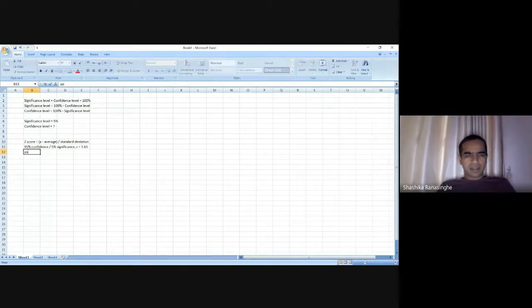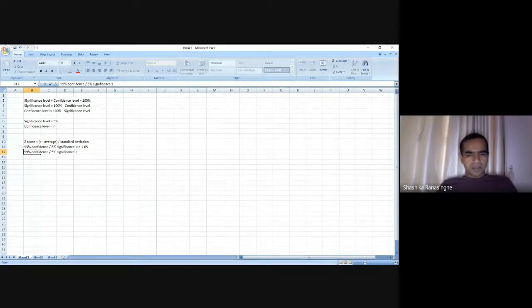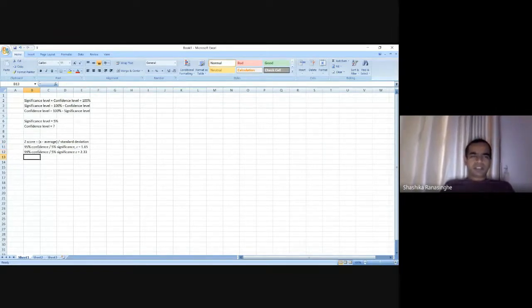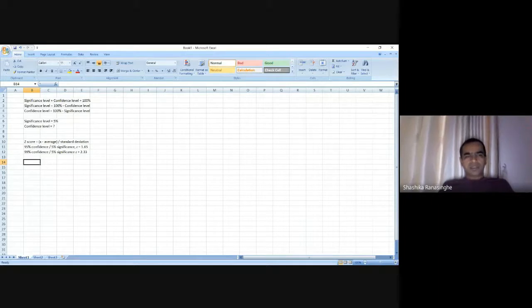Then at 99% confidence, or 1% significance, the Z score is 2.33. These values you need to remember, right? So if it's given in the exam, you should remember that at 95% confidence Z is 1.65 and at 99% the Z score is 2.33, right? So those values you must remember.